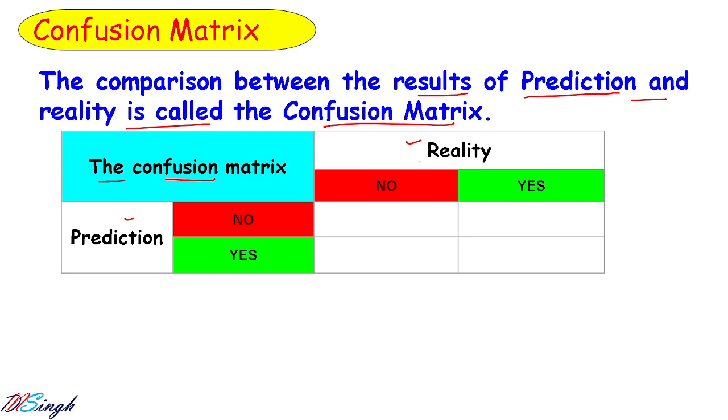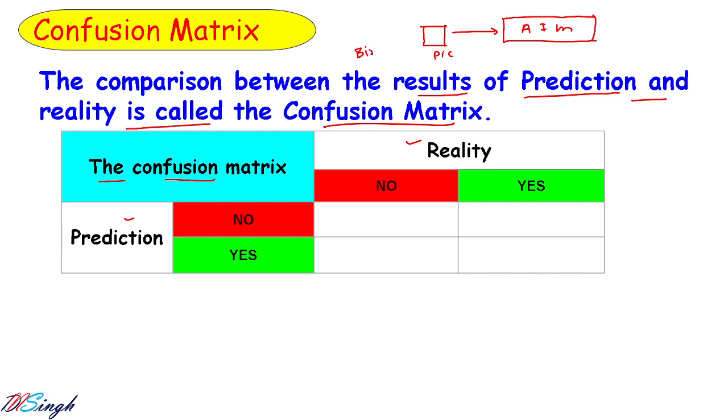So reality can have no, meaning a negative input, or yes, meaning a positive input. So we will try to understand this using an example. Same example we have taken previously. Like this is our AI model, and we are trying to predict by giving a photograph or picture to this AI model and asking the AI model, is it a picture of a bird or not?